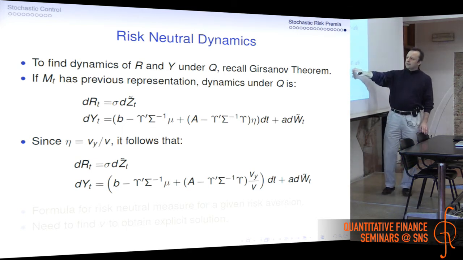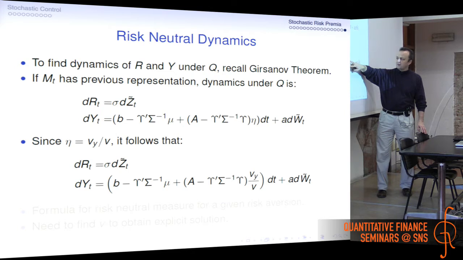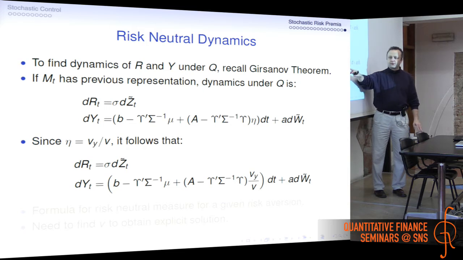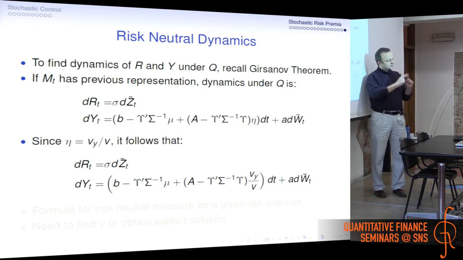So what you're getting is that this term that you see here, Vy over V, controls both the intertemporal hedging demand of your portfolio and also the drift of your state variables under the corresponding martingale measure.